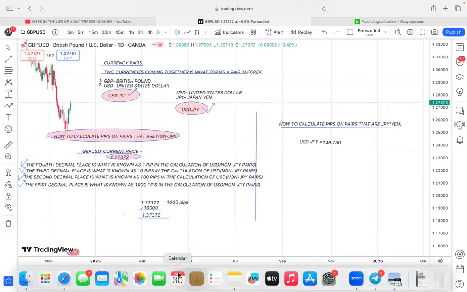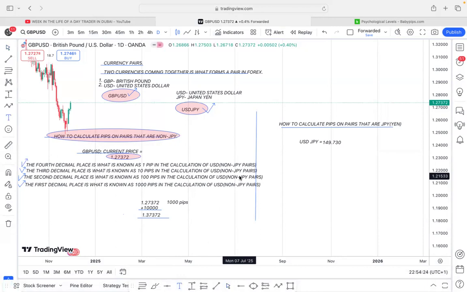Now, where do you start to calculate your 1 pip from? In the JPY pip calculation, you start from the second decimal place.